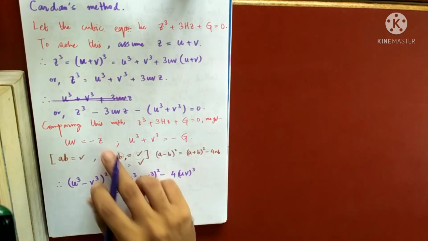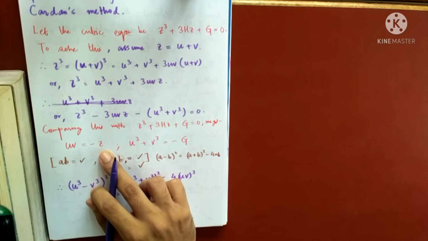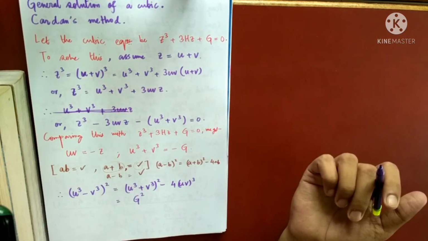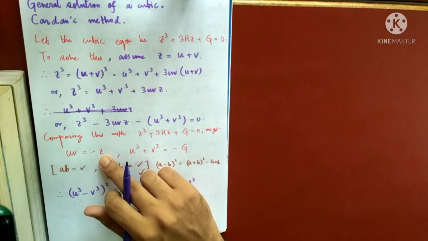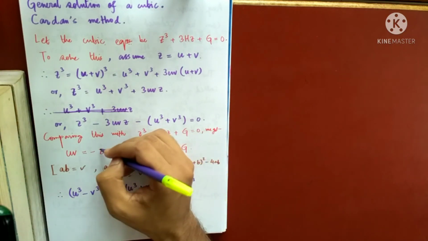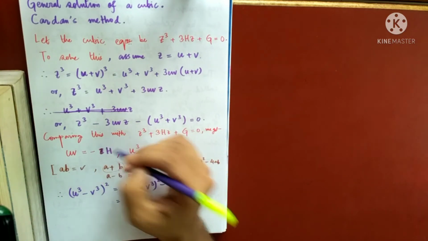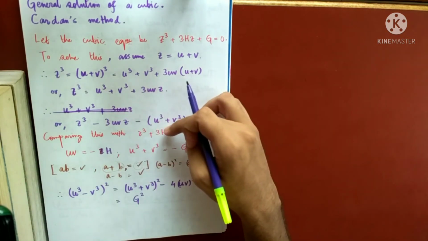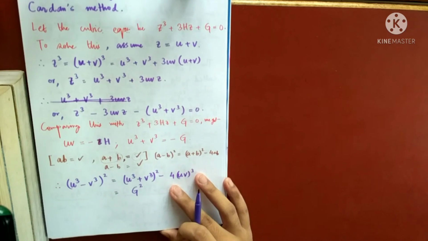Minus g square is same as adding g square. And sorry, this is not minus z. I made a mistake. This will be minus h, not z. Why z? I am comparing this, so 3 and 3 get cancelled. uv is coming as minus h.